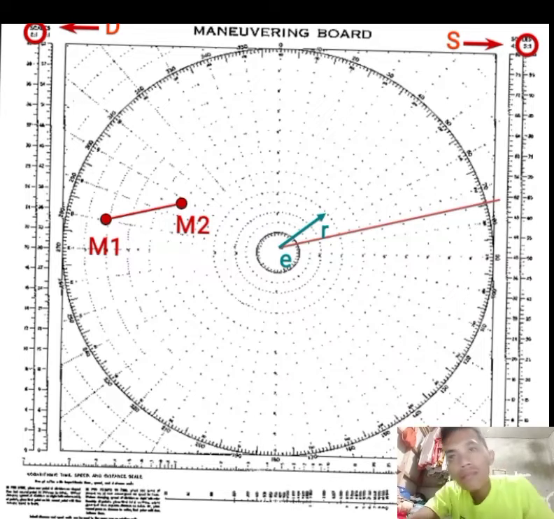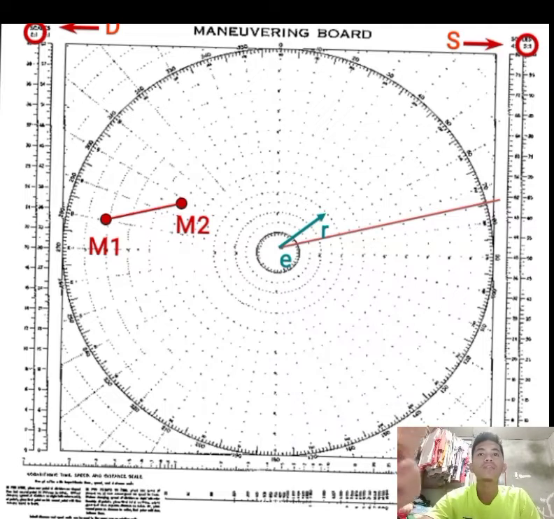So the M1, which we have 280 degrees true, which we have 16,000 yards, and the M2, which is the 300 degrees true, we have 10,000 yards.